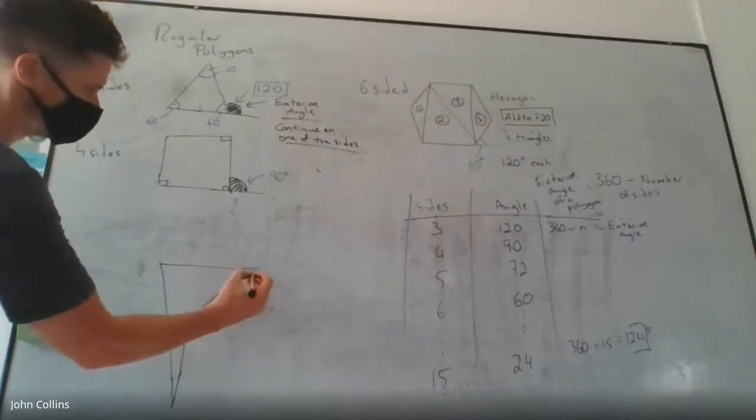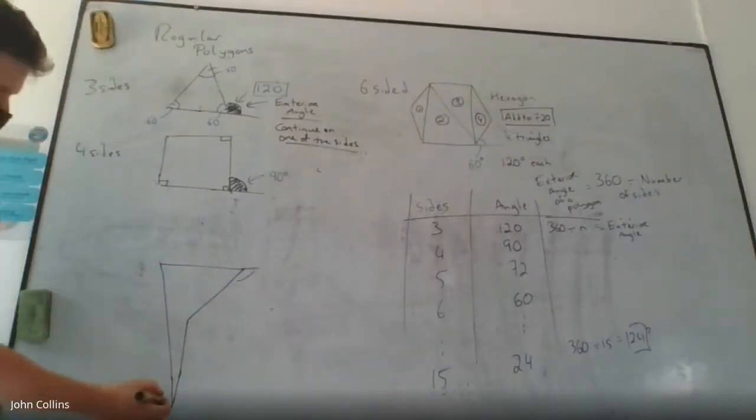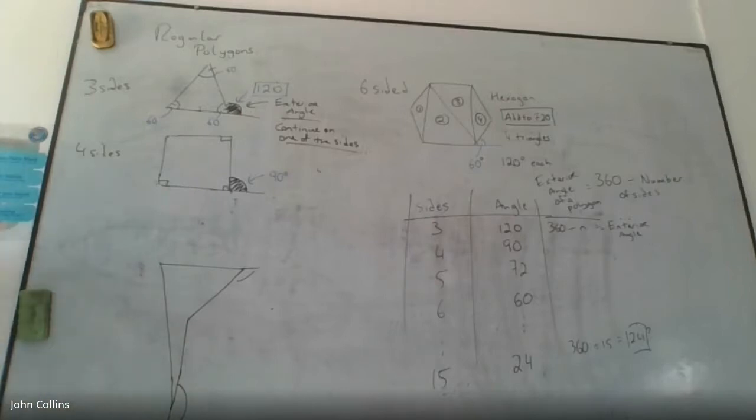This exterior angle is not the same as this exterior angle. Is that even a polygon? It is a polygon, they're straight lines, a quadrilateral. It's only the regular polygons that follow these rules.